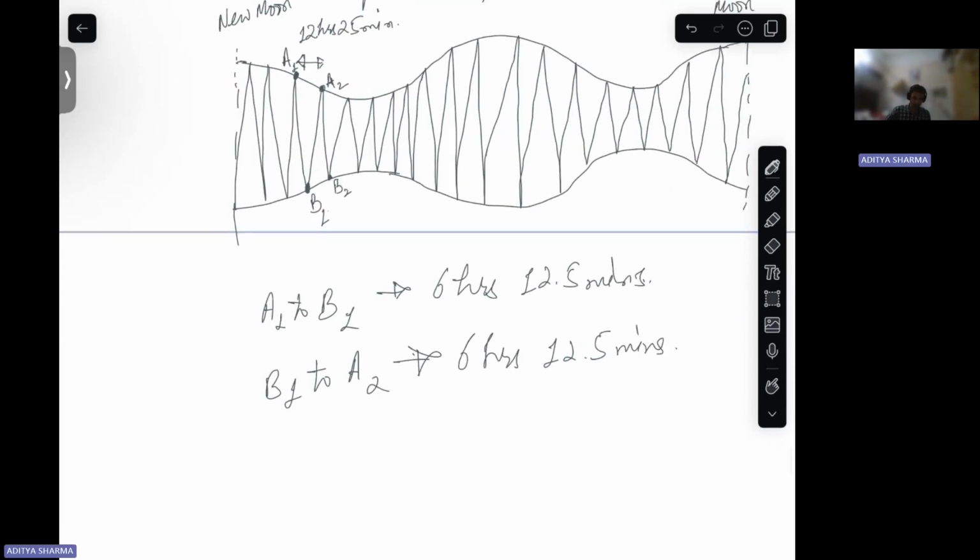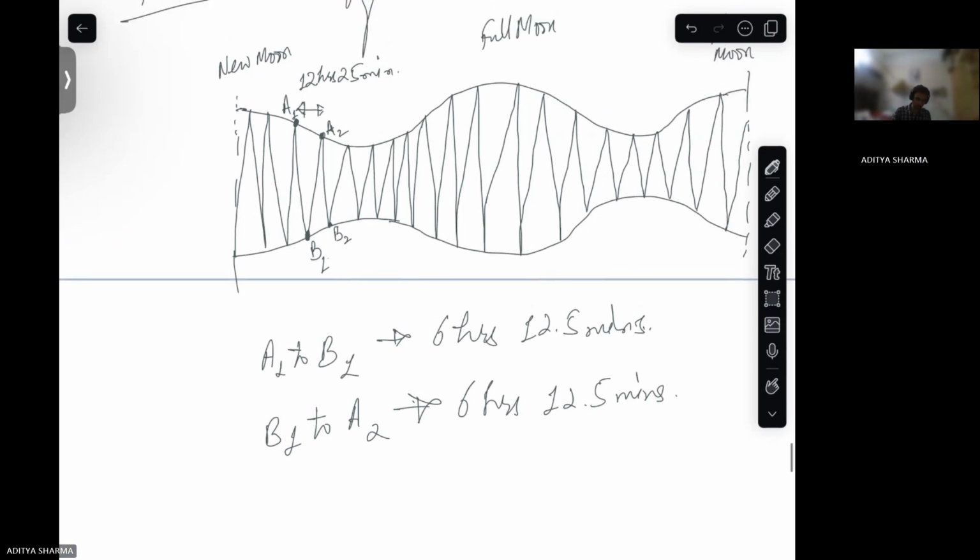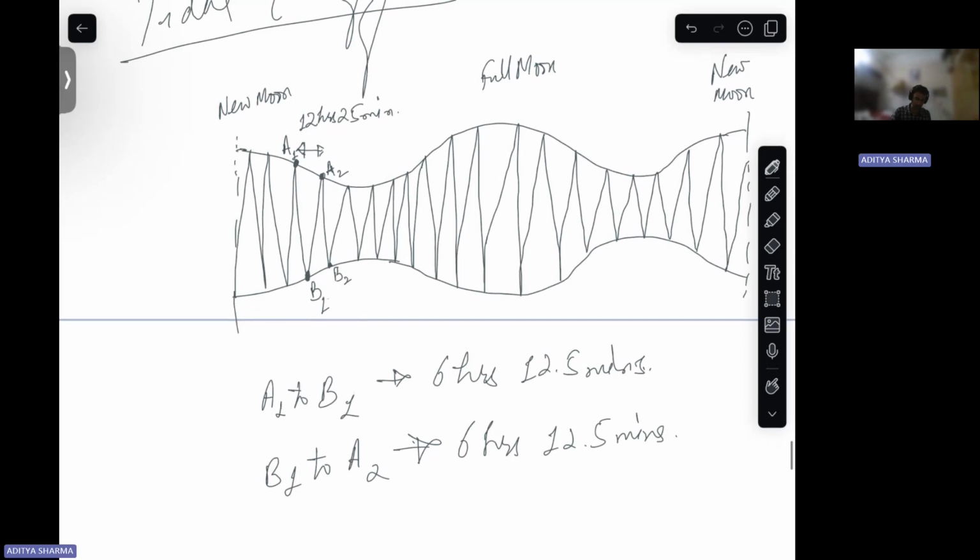So this basically is the movement of tide, right? And the highest tide that you will see is during your new moon and during your full moon, right? That is called the spring.